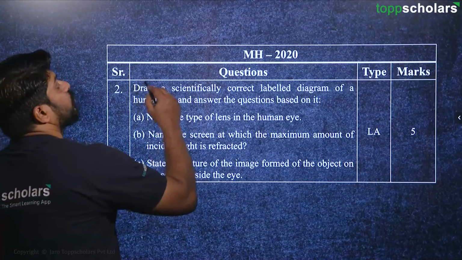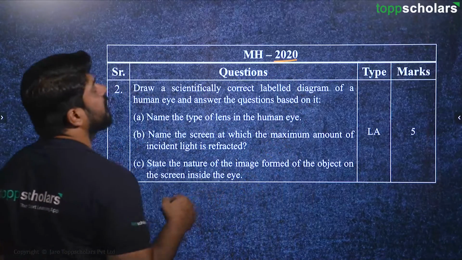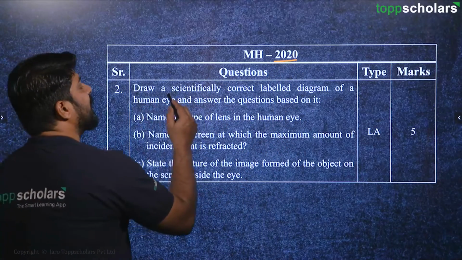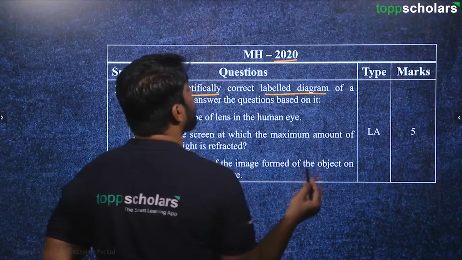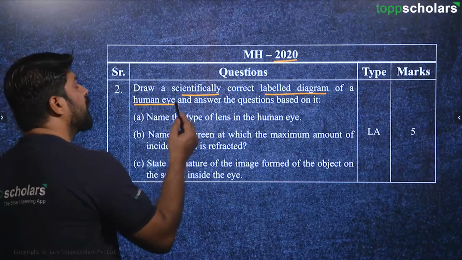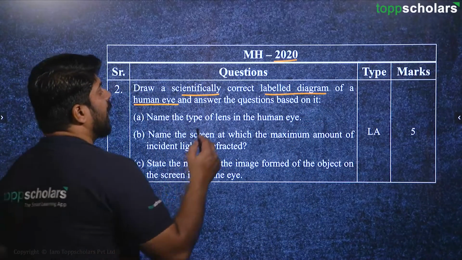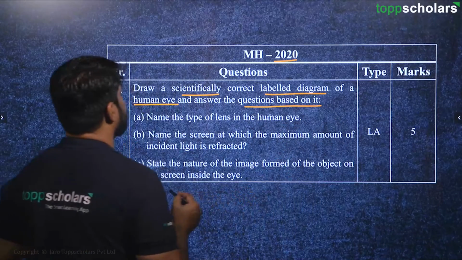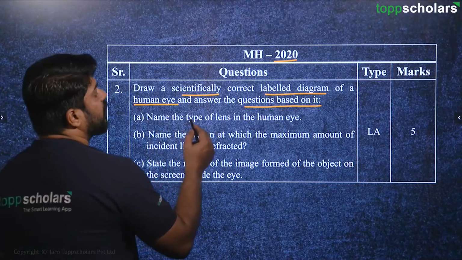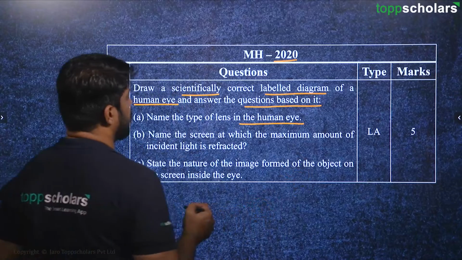Okay, so this is from the year 2020. Draw a scientifically correct labeled diagram of a human eye and answer the questions based on it. Okay, name the type of the lens in the human eye.